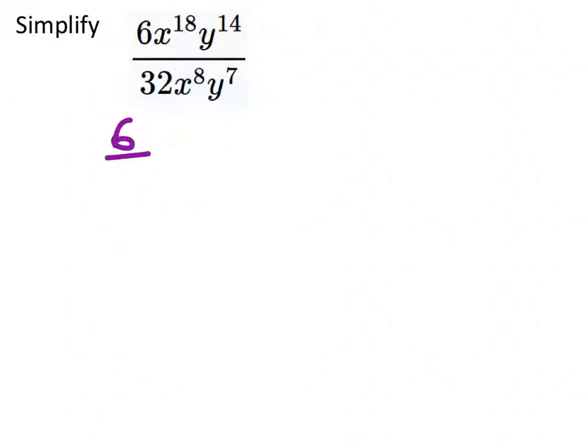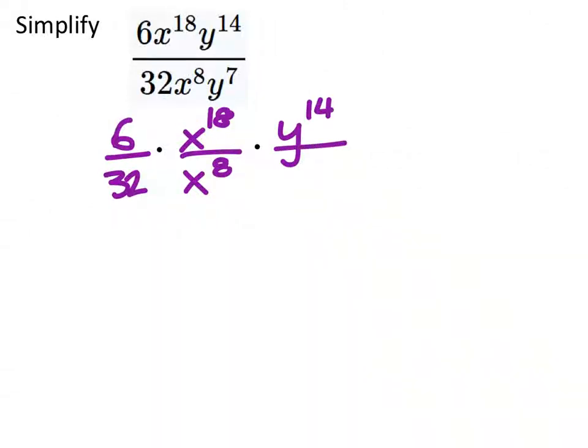So I got my numbers 6 over 32 times my x's, x to the power of 18 over x to the power of 8, times my y values, y to the power of 14, divided by y to the power of 7. So this hopefully helps us to visualize which parts we should focus on. And it does help us to split this up into separate smaller problems.